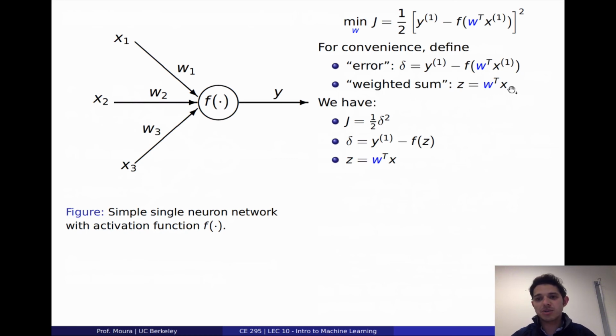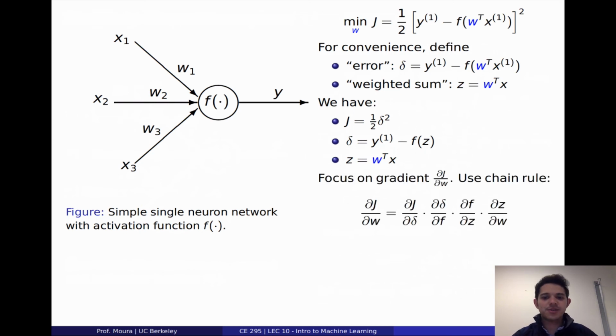Okay, so z will be w^T x. This is just for notational convenience. All right. So with that, we have the following. My cost function can be computed as follows. J is 1/2 delta squared, and delta is y_1 minus f of z, and then z is w^T x. So you can see I've got this nested, kind of layered way to compute my cost.